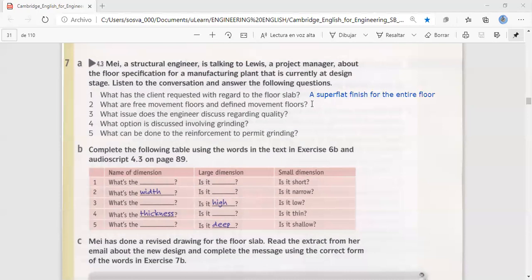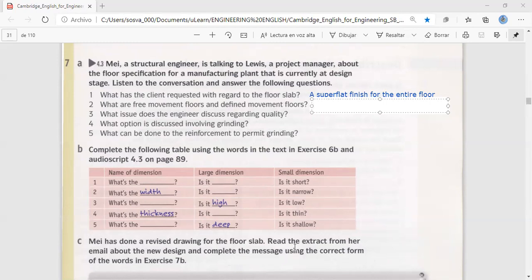The second question asks us, what are the free movements and what are known as defined movement floors? What's the difference? Well, she wants the movement and the movement floor, but she talks about the specific lanes in the super flat, no?